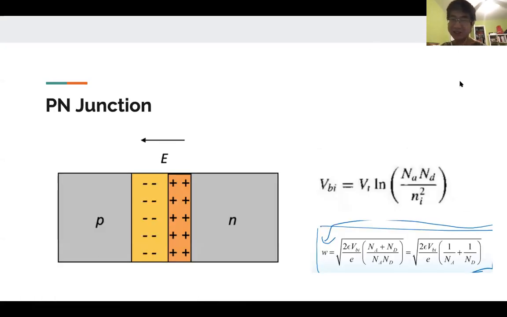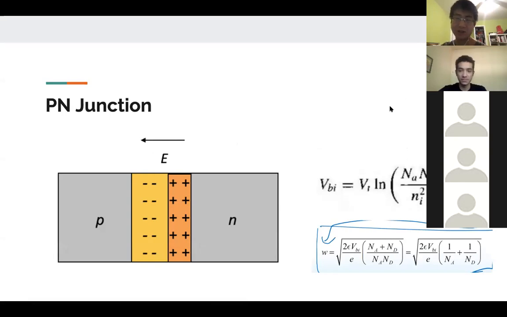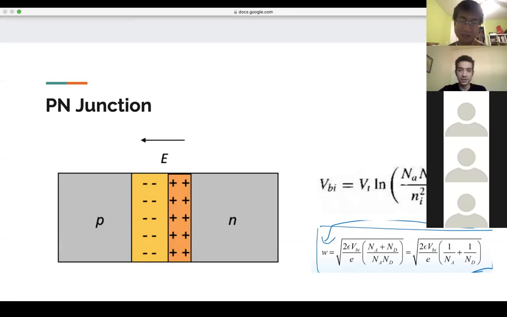All right, so Aaron will be doing the part on the PN junction. Hey guys, so I'm going to be talking about PN junctions. First of all, what is it? Well, you take two slabs of semiconductor and you join them together. The key thing is that they have different doping levels.